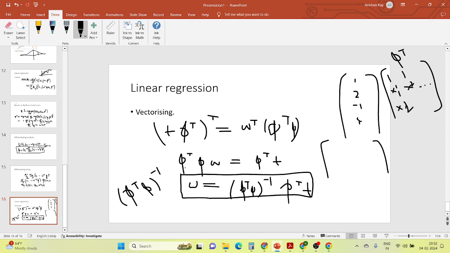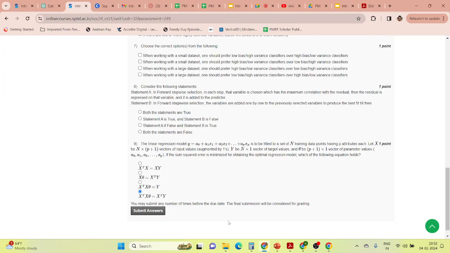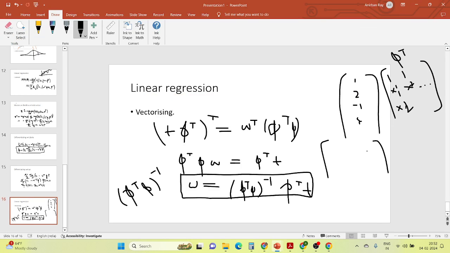X transpose X W equals X transpose y. Notations are different here. Any doubt?